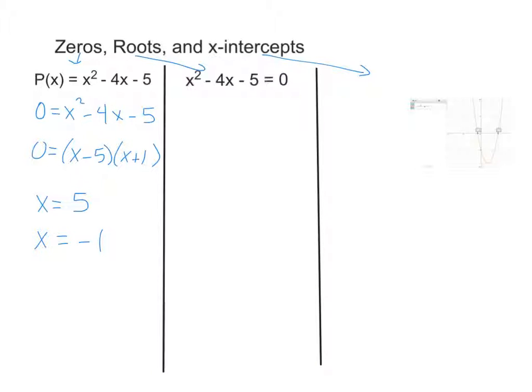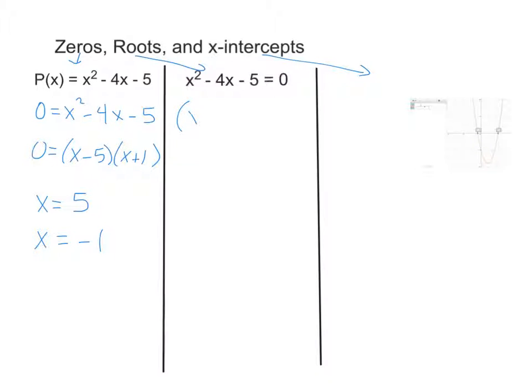So the zeros, those were the values that made the polynomial function equal to 0. When you're talking roots, it's the solutions to an equation. So you can see this one is not a polynomial function, right? It's a polynomial equation. So there's no y equals or p of x or f of x equals. But it's the same. We're going to solve it the same way.